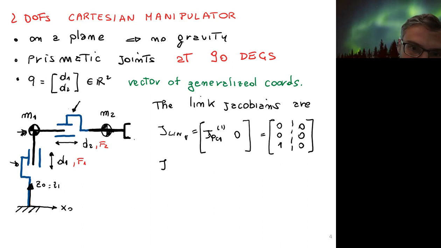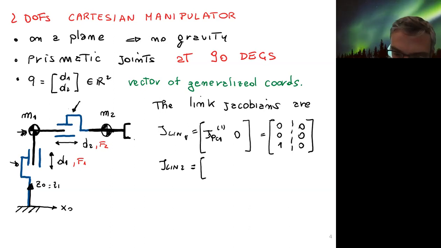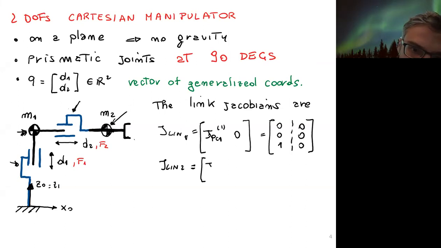Then instead, if we consider the linear Jacobian of the second link, we want to compute the Jacobian of this point, we will have the influence both of the first joint and of the second joint.